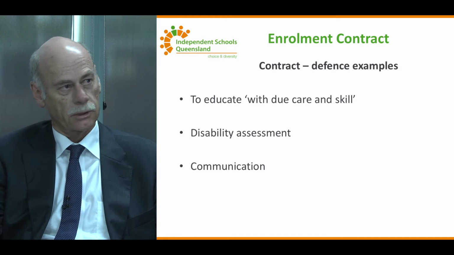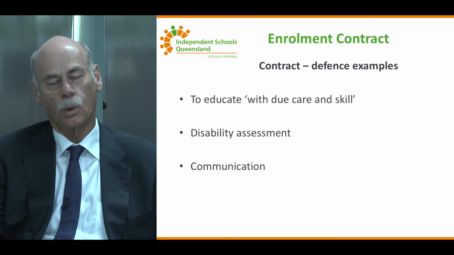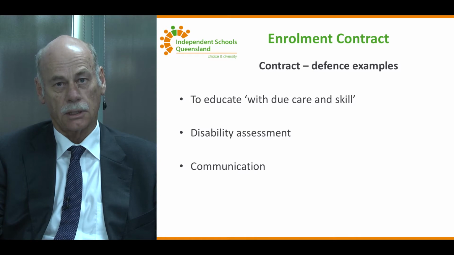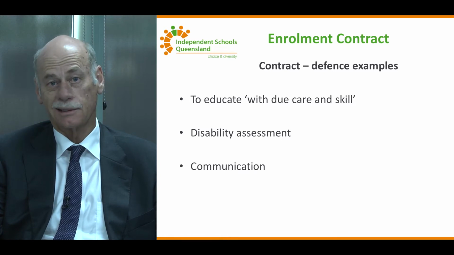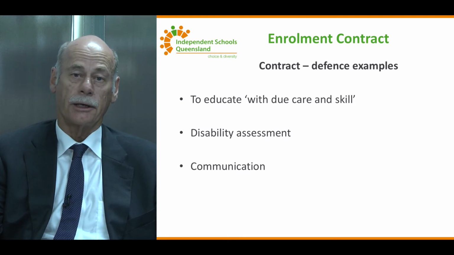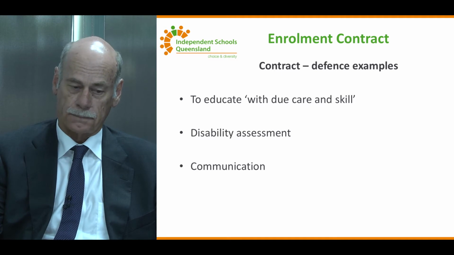The third example that I've got there for the defensive role is communication. It's really important practically from the school's point of view that you can communicate important information and legal information to the parents by the most practical means available, which these days is by email and also by the school website.